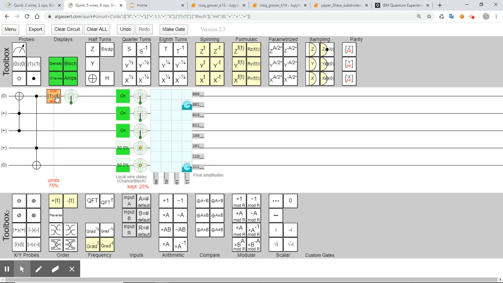If I post select for 1, well, then it does seem to, basically 1, 1, 0, 1, 1, 1.